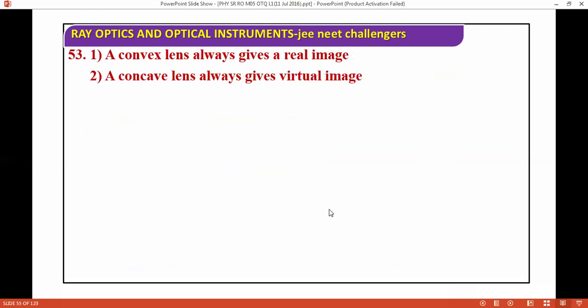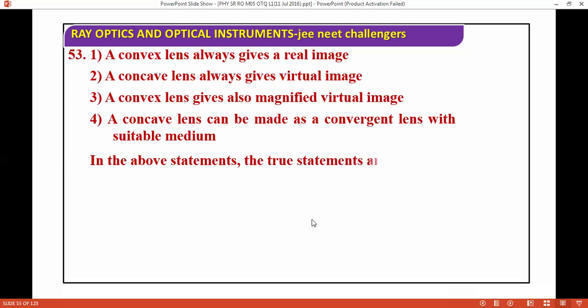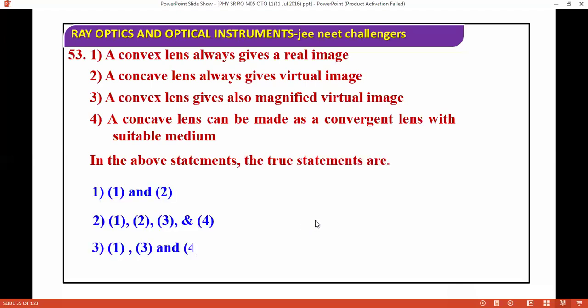A convex lens always gives a real image. I don't want to read all the statements. The correct answer is 2, 3, and 4. A concave lens always gives a virtual image. A convex lens can also give a magnified virtual image.